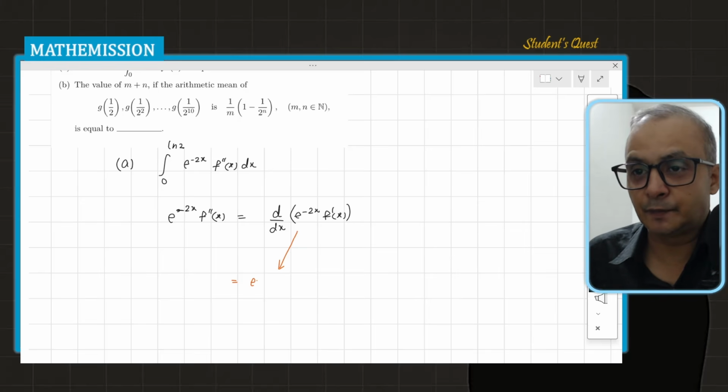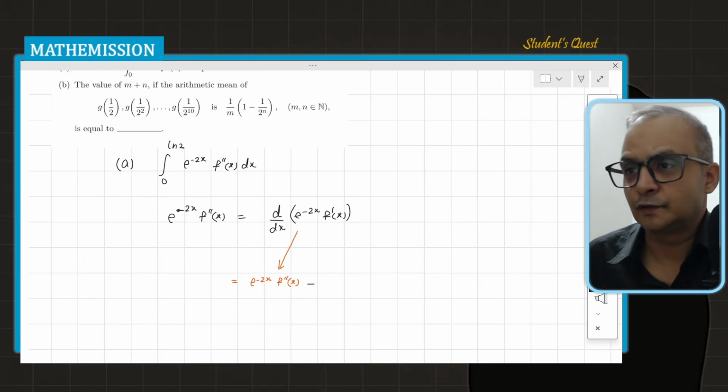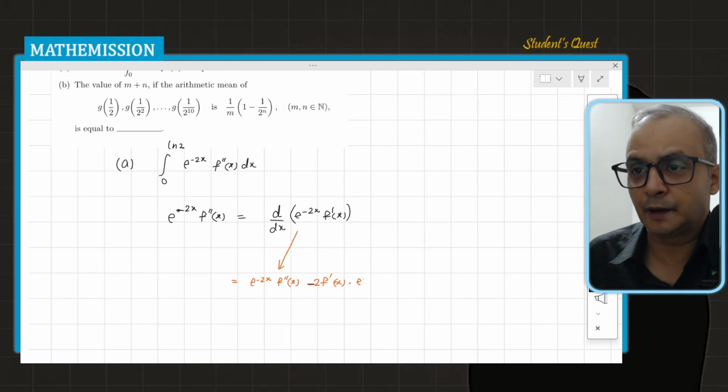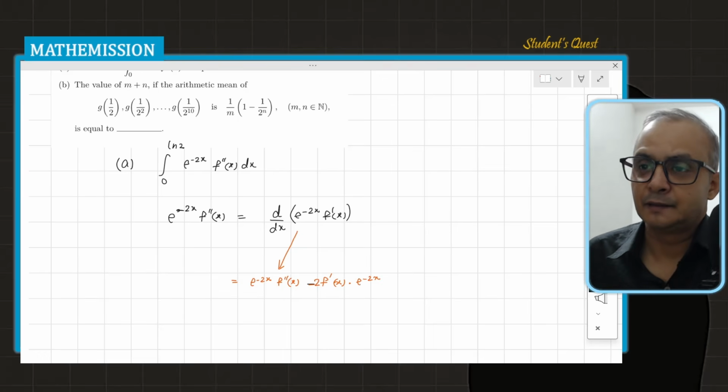The derivative is e^(-2x) into f''(x), plus f'(x) times the derivative of e^(-2x), so that will become minus 2 e^(-2x). If you're expert in differentiating, you know what I mean. So we get minus 2 f'(x) e^(-2x), because we are keeping f'(x) and differentiating e^(-2x).